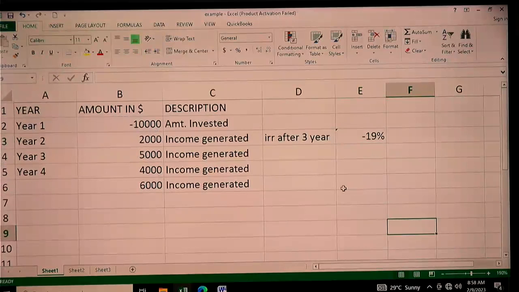Someone says that it is lower than the rate. Who else? It is lower than the required rate of return.